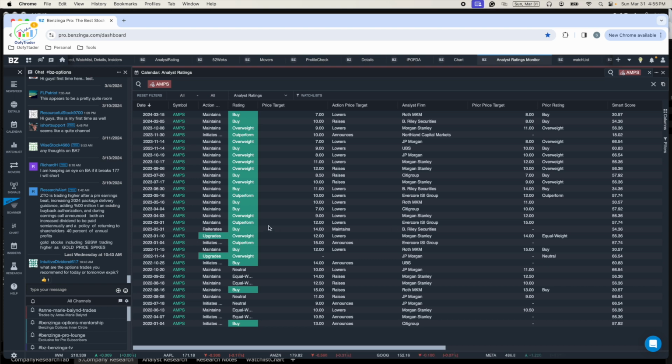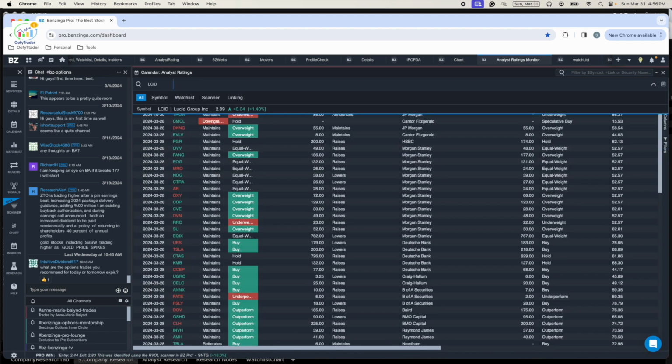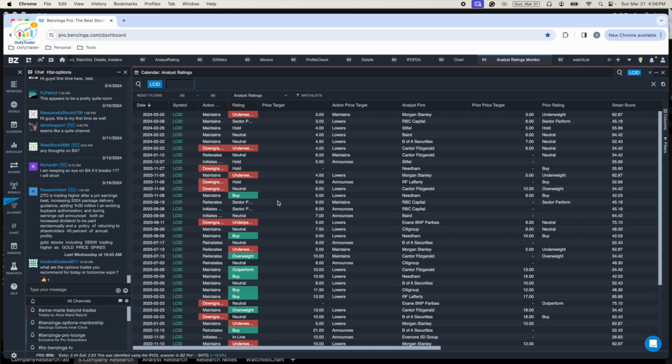The very critical thing I look at is the ratings. So this is the tab. It helps me see if there are rating changes very quickly. You see, for Lucid, on the 25th someone put a rating. He put the price target at $3, and this guy is from Morgan Stanley.